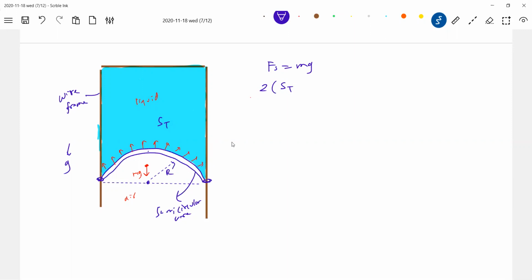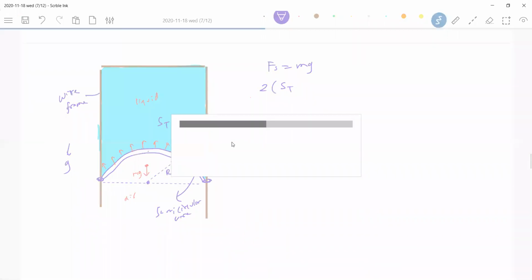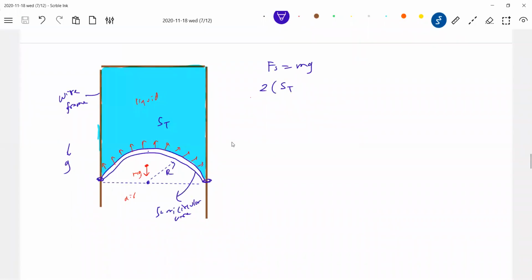Pi r or 2r? Anybody wants to reply? What shall I write here? No, the effective length should be 2r, no?